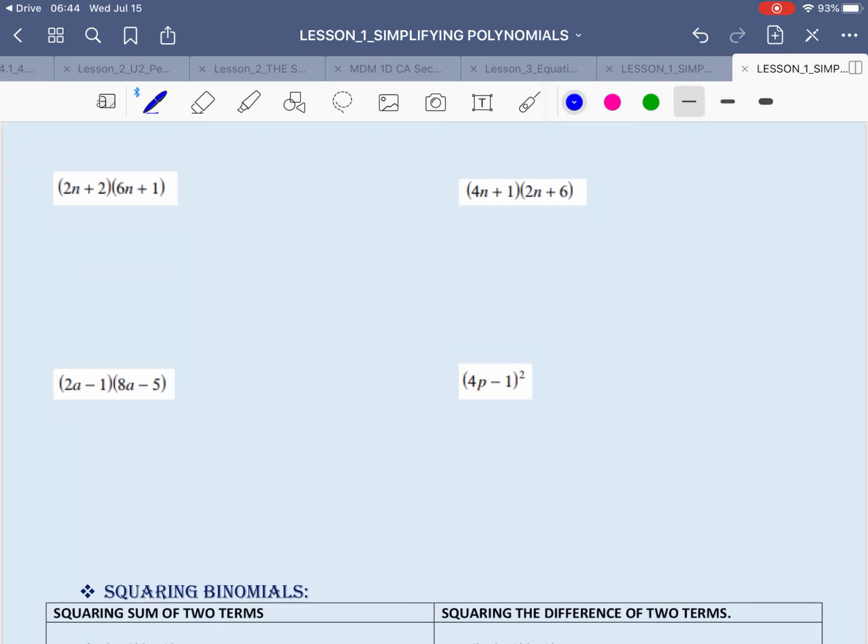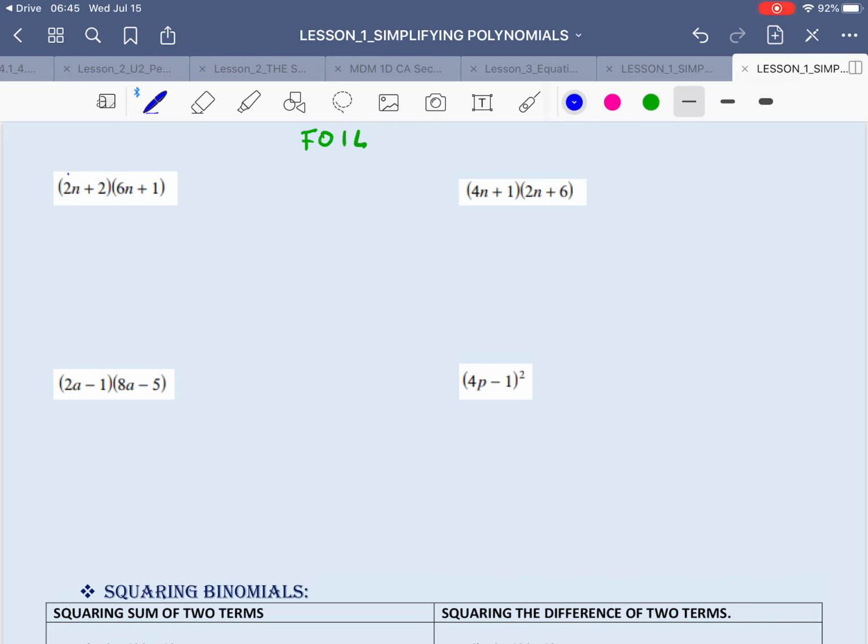Now, in the next examples, we'll focus more on multiplying two polynomials. The game changes a little bit at this point in time. So when we multiply two binomials, we use a method we call FOIL, if you remember, from grade 9. So what does that mean?